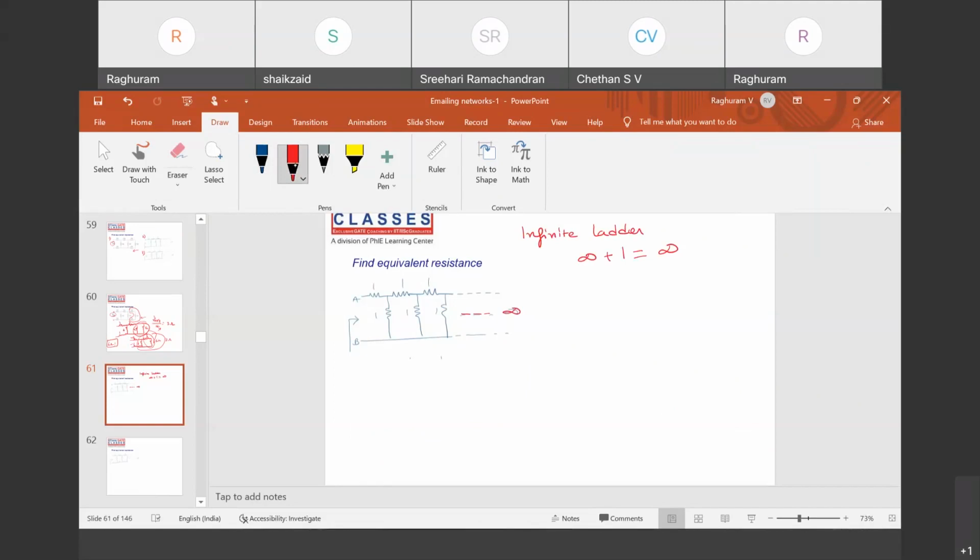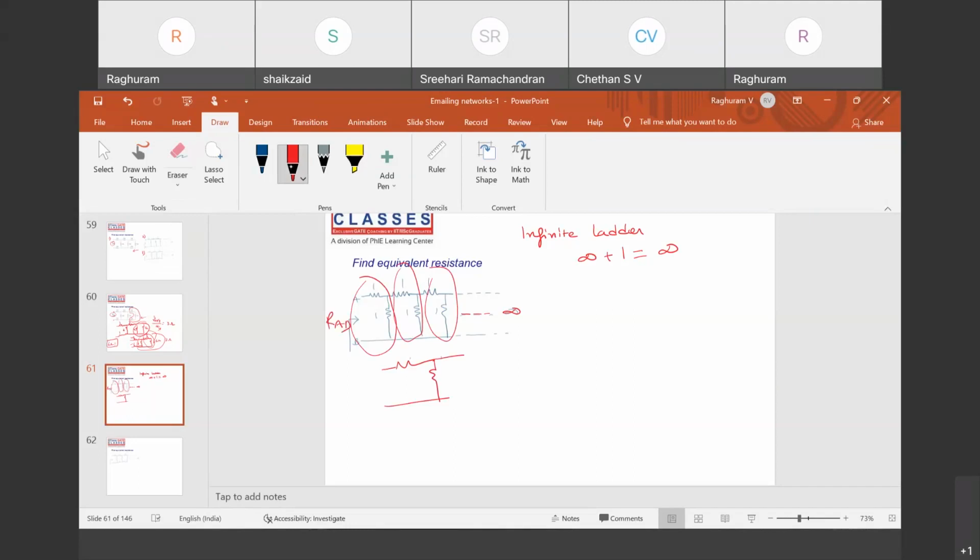So what I'll do is add one more branch to this. These branches go up to infinity, right? I'm adding one more branch to this. Say this is RAB.